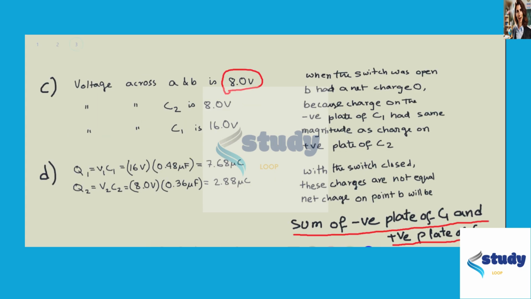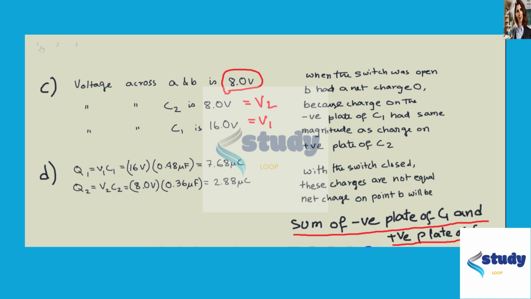To calculate that, for Q1 we'll have V1 times C1, and we have figured out our V1 from here. So let's write those down: this is going to be V1, this is going to be V2. V1 times C1 will give us the charge across capacitor 1.